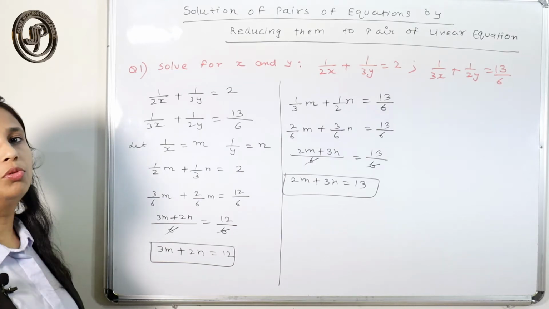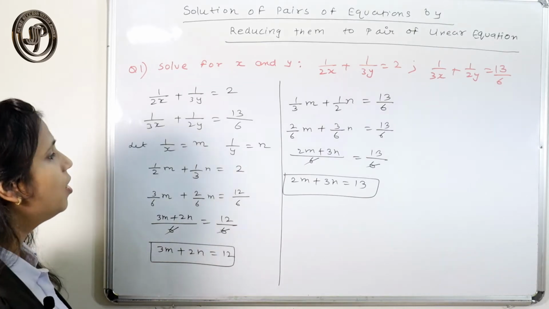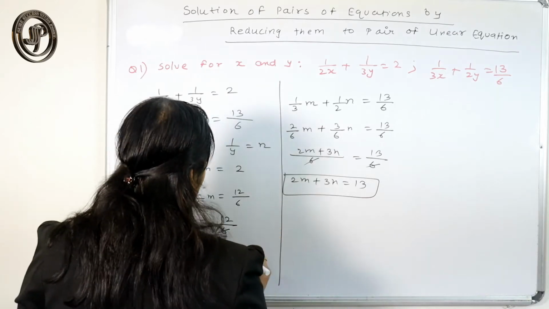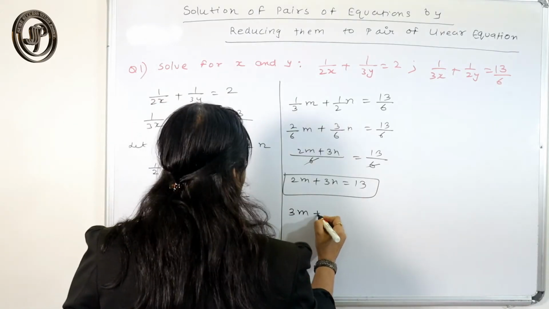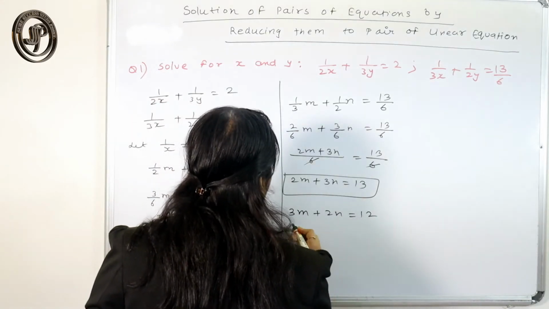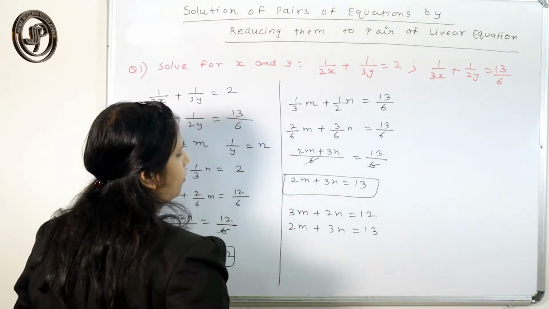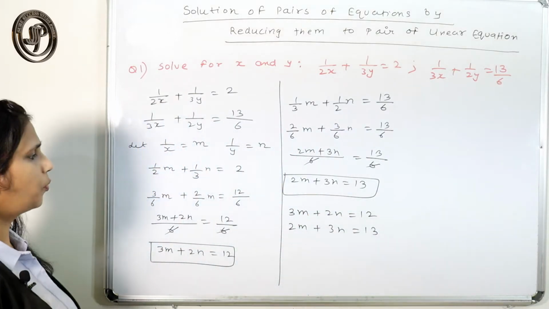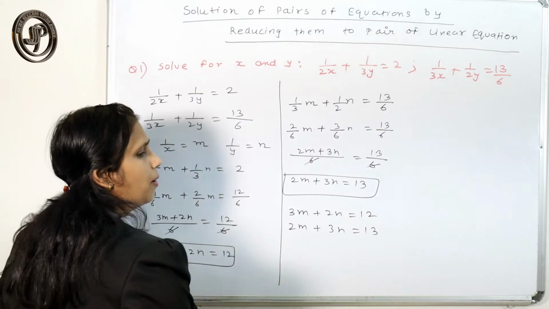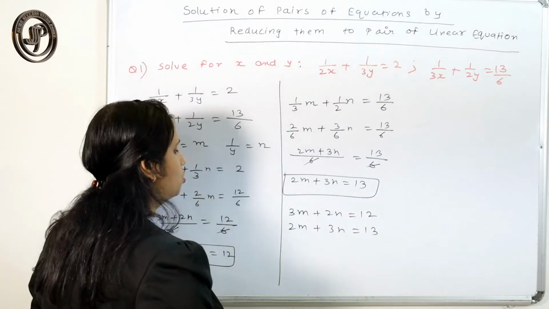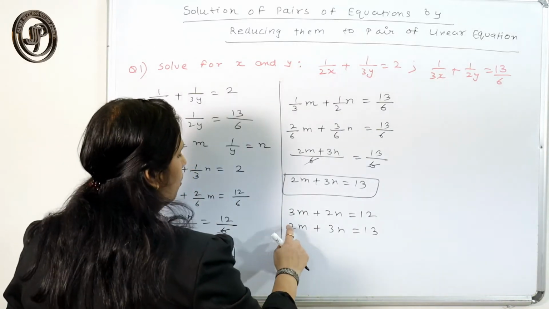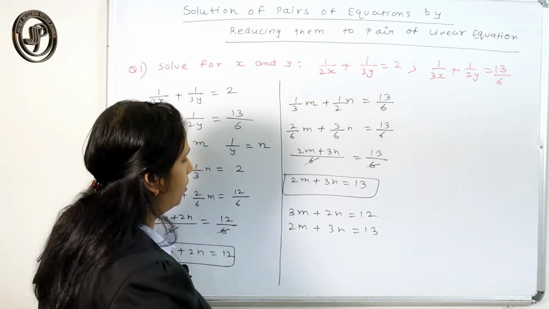Here I am going to use the elimination method, the method that I explained in the previous episode. So, how can we solve this by the elimination method?